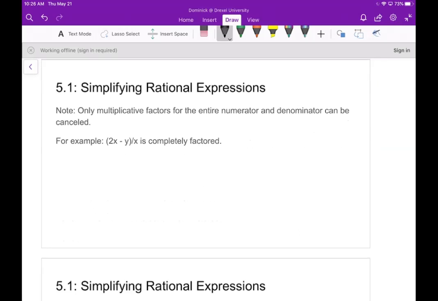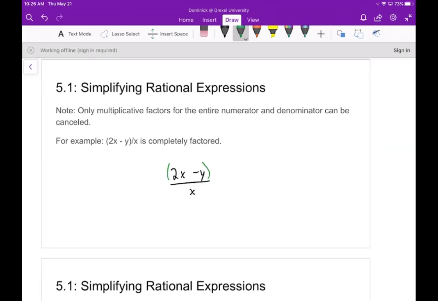One thing to keep in mind is that you need to have everything completely factored in order to be able to cancel something. For example, if you have something like 2x minus y all over x, you're essentially treating the top as one number.